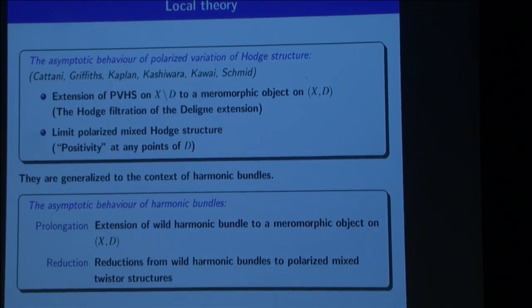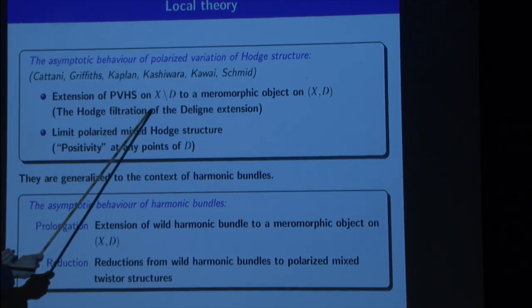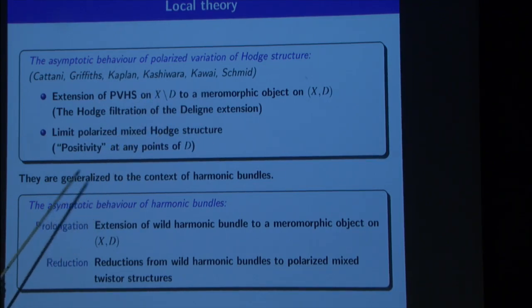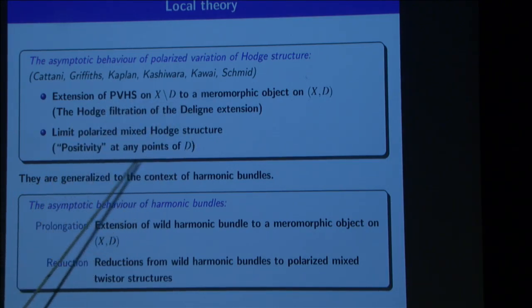The other is the existence of a limit polarized mixed Hodge structure at each point of D. From the data of the Hodge filtration at the point, we obtain Hodge structures and weight filtrations, and according to the SL2 orbit theorem of Schmid in the one variable case, and Cattani-Kaplan-Schmid in the several variable case, that gives the limit polarized mixed Hodge structures.